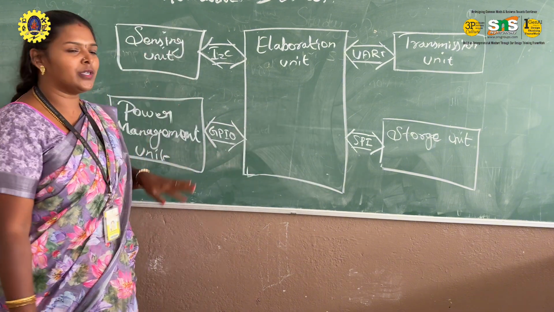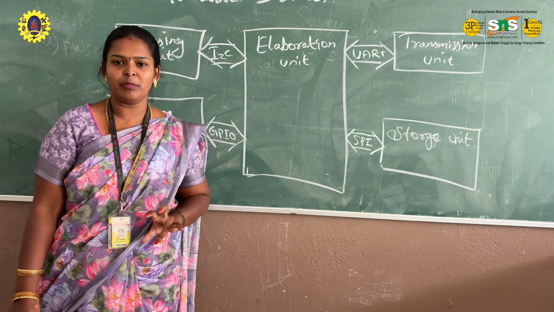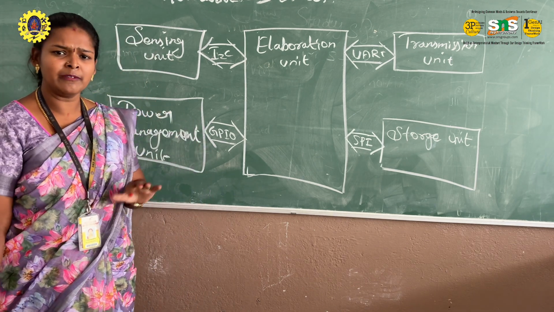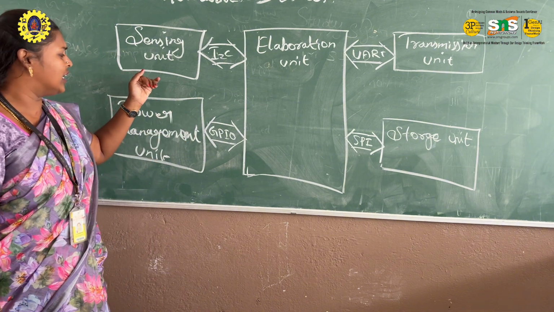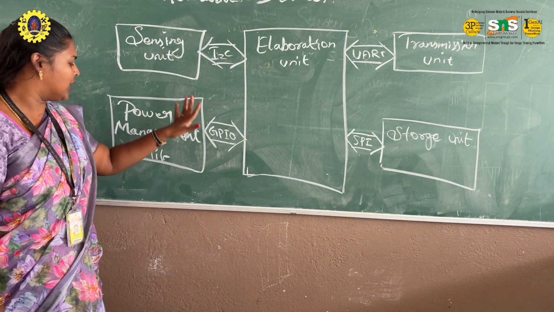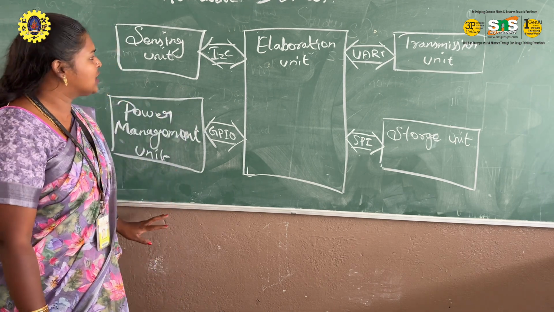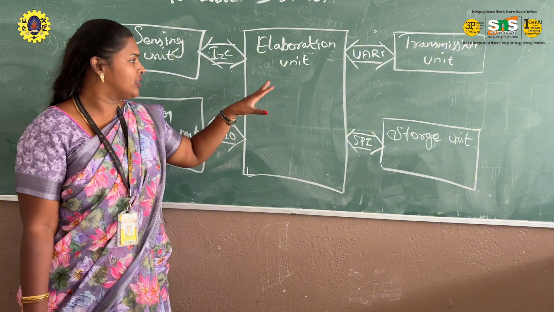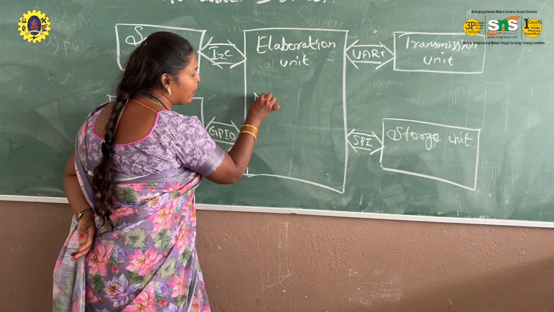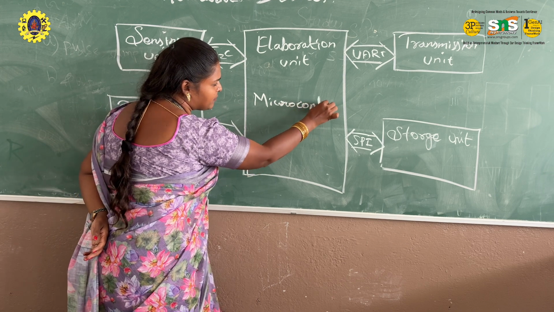In the sensing unit we have 3 types of sensor: accelerometer, gyrometer and magnetometer, to detect the movement of the body. Next is the power management unit, which is fully based on the battery and battery management system. Next is the elaboration unit, the main unit of this wearable device, which is the microcontroller.